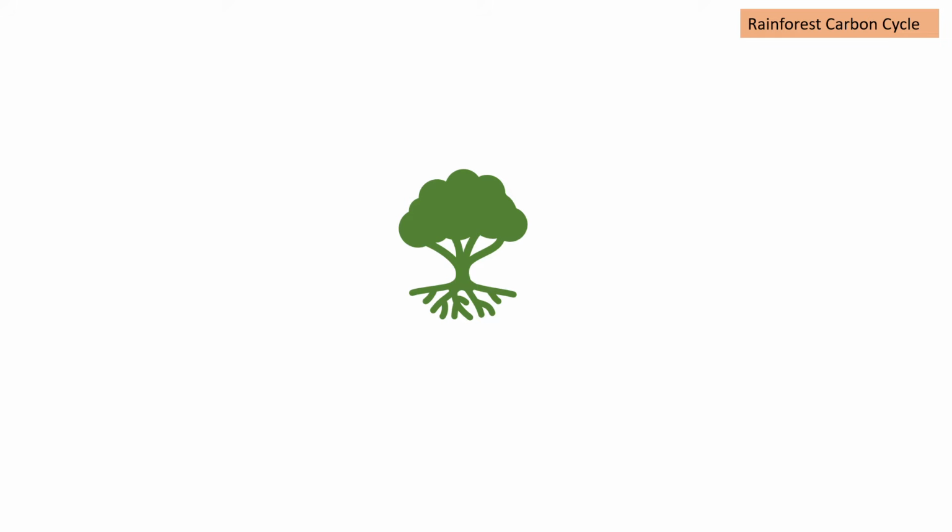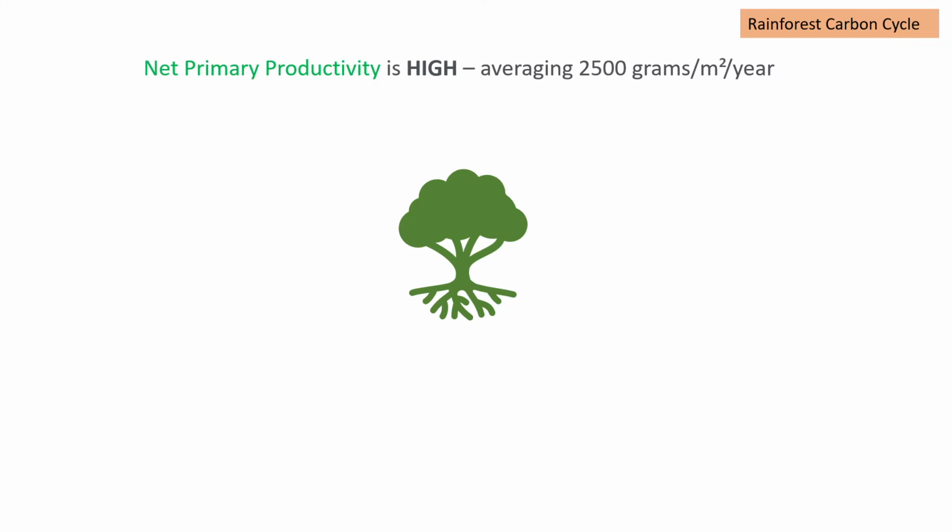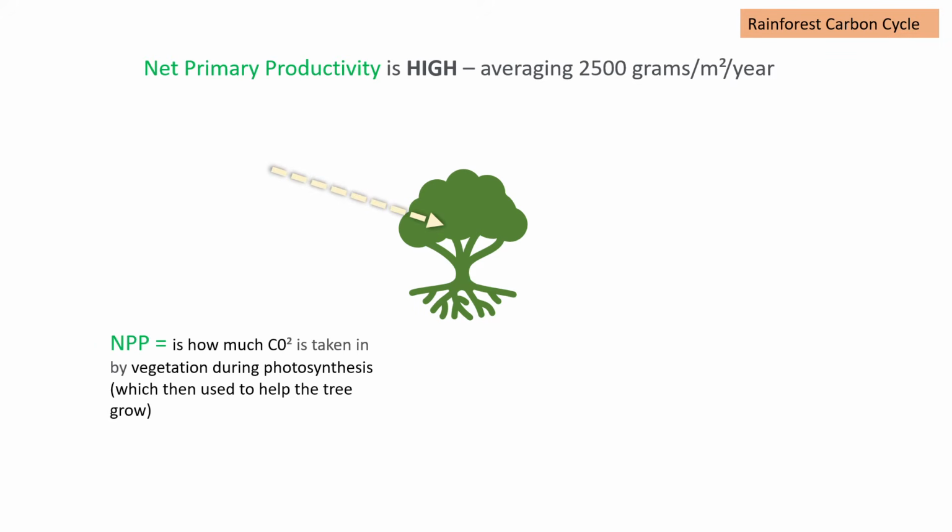I'm going to talk a little bit about what that looks like, and one of the figures that we look at is something called net primary productivity. We say it's very high, and it means 2,500 grams per meter squared per year is the kind of figure that they use for the tropical rainforest. What that actually means is that's where I take how much CO2 is taken in by the vegetation and used for photosynthesis and for growing the tree, and I take away the carbon dioxide that's lost through respiration.